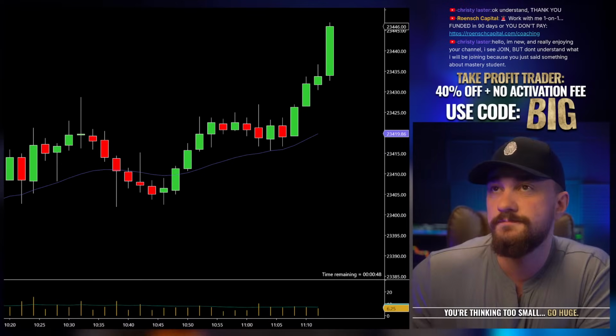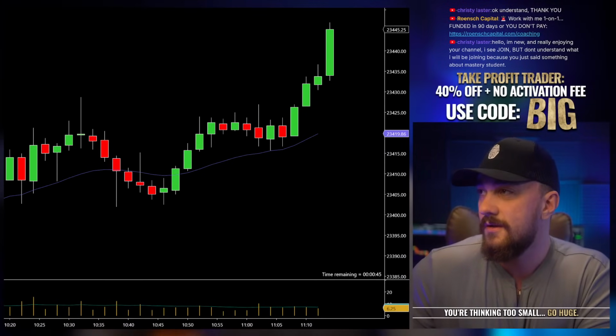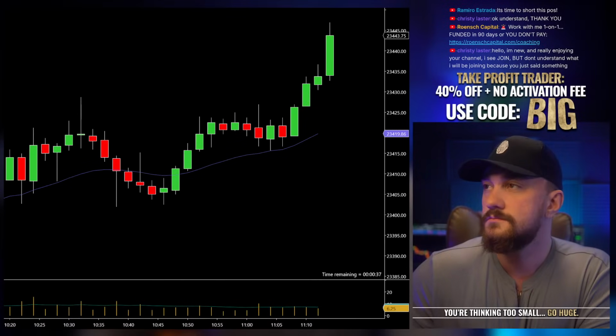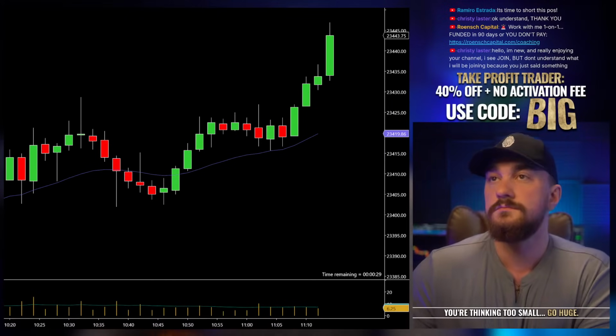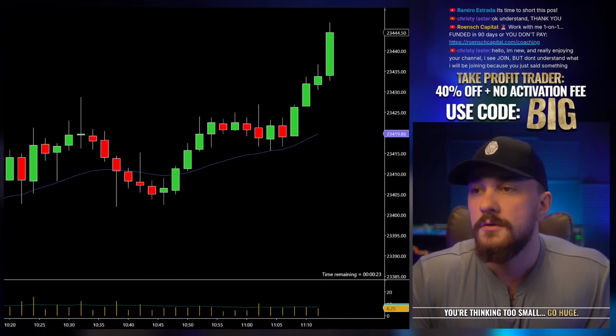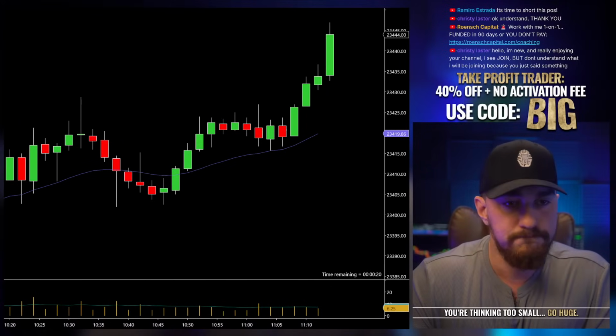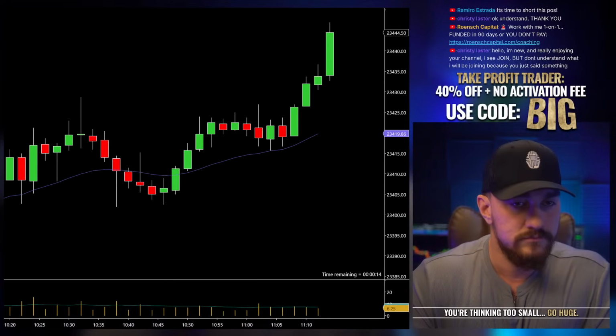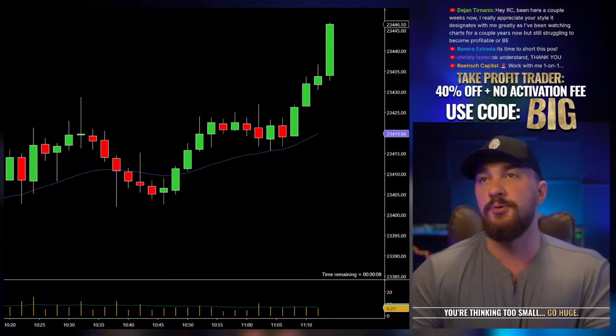See that big bull bar there? Bull's getting a little cocky. Big, strong bull bar, man.